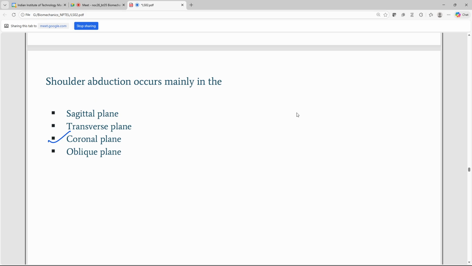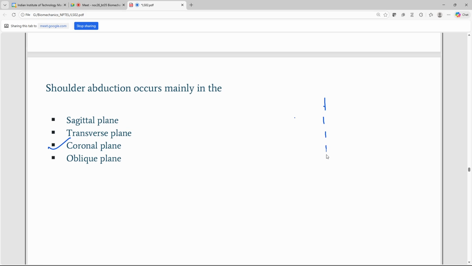Suppose this is the middle line of the body, and these are two limbs. Then abduction. Suppose this is the hand and this is the shoulder joint.